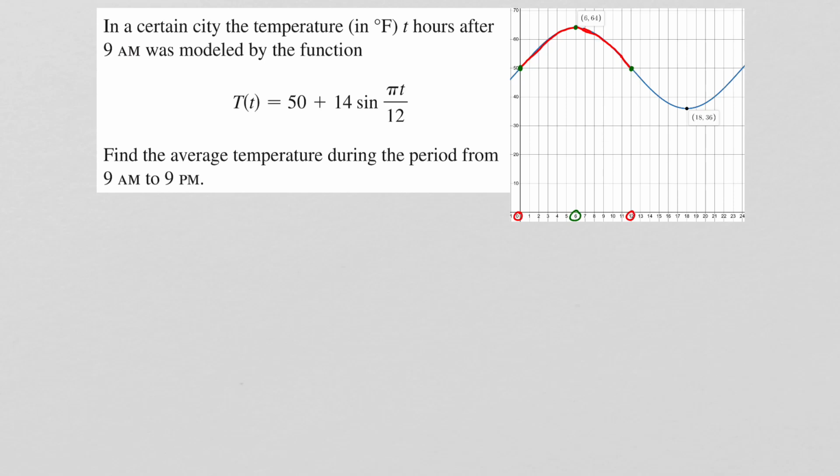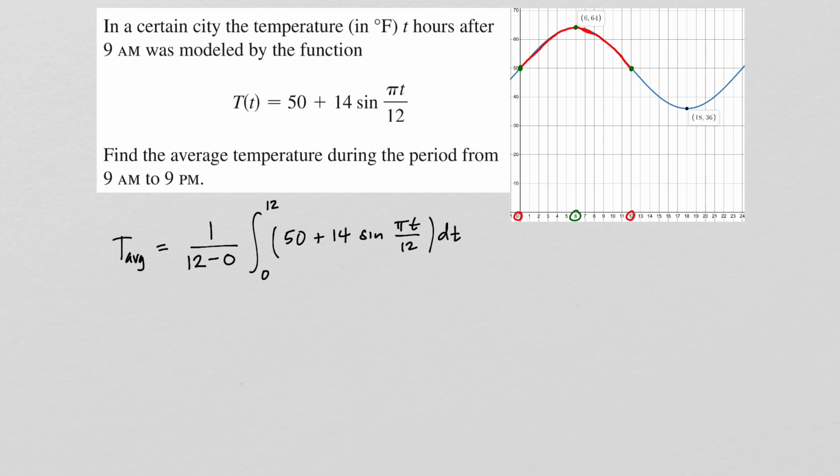We know that the average temperature, which we're going to call T average, is equal to 1 divided by 9 p.m., which corresponds to t equals 12, minus 9 a.m., which corresponds to t equals 0, and then we will integrate from 0 to 12, and our function is 50 plus 14 times the sine of pi t over 12 dt.